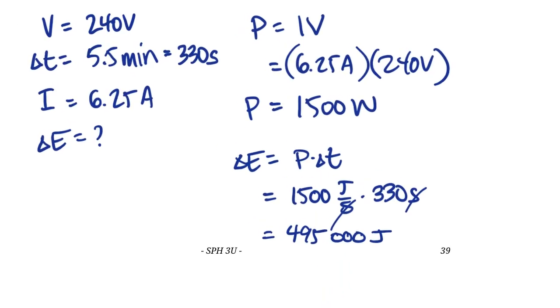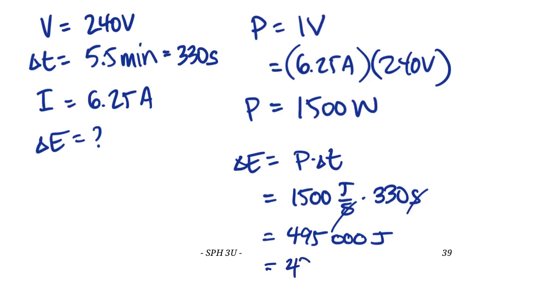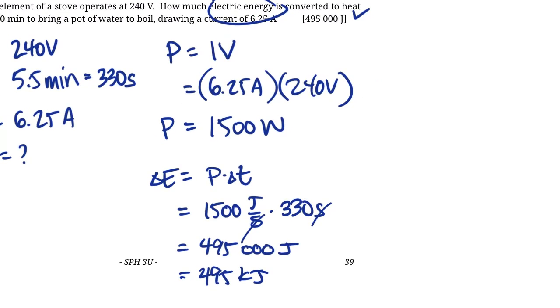We could actually write this to make it a little bit easier as 495 kilojoules. Also, if we wanted to, we could write this in kilowatt hours. So delta E is equal to P times T. And if we want to do kilowatt hours, 1,500 watts is just 1.5 kilowatts.